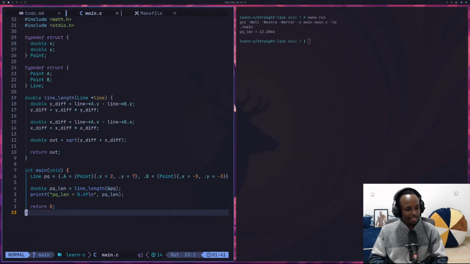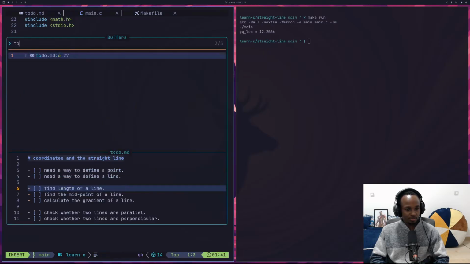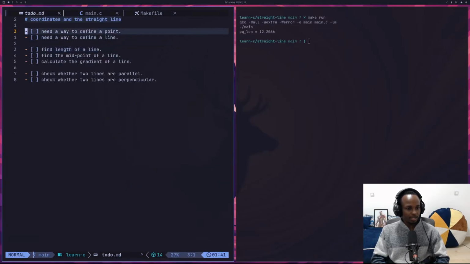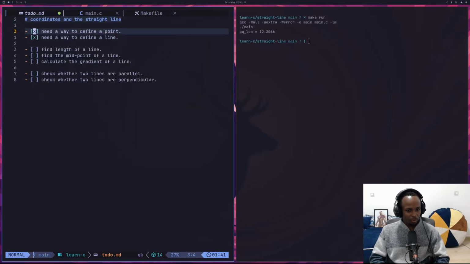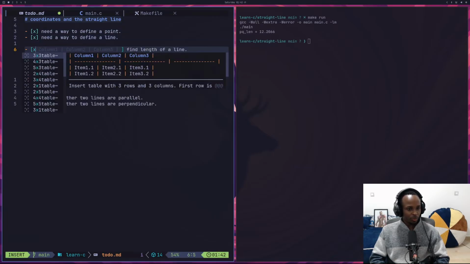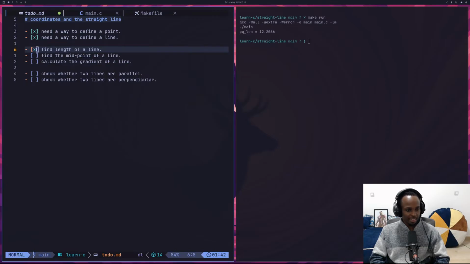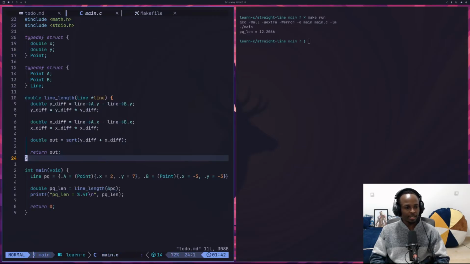Now, let's move on to the next thing in our to-do list. So we are done with this. Now, actually we already defined a point. We already defined a line. Then we have now found the length of a line. The next thing is the midpoint of a line.